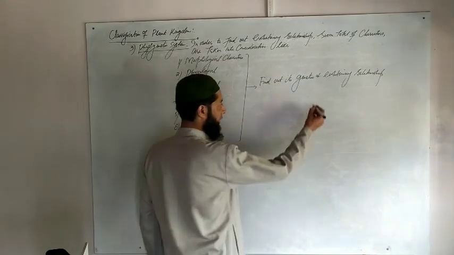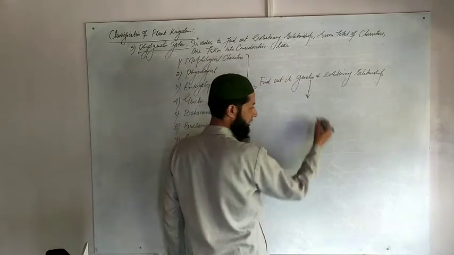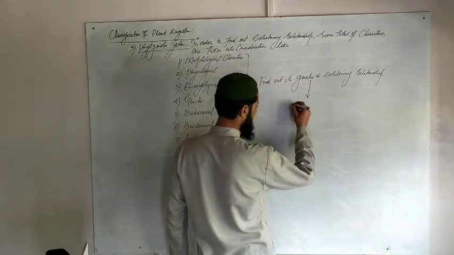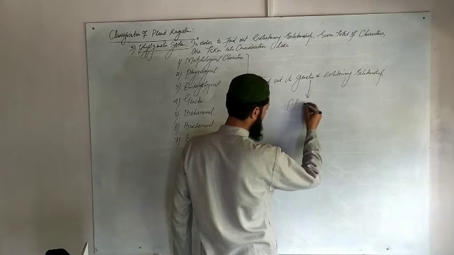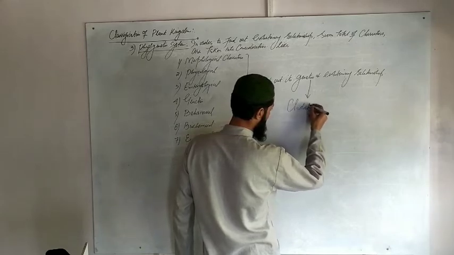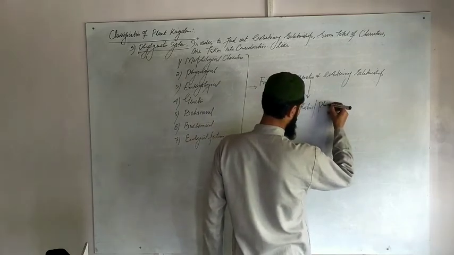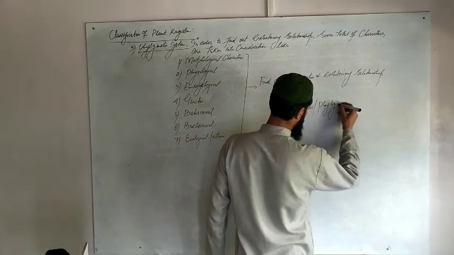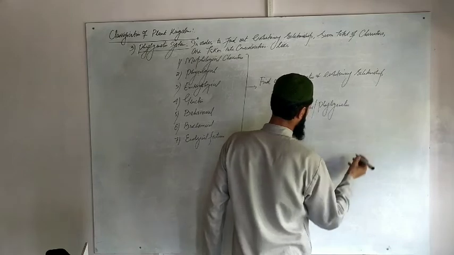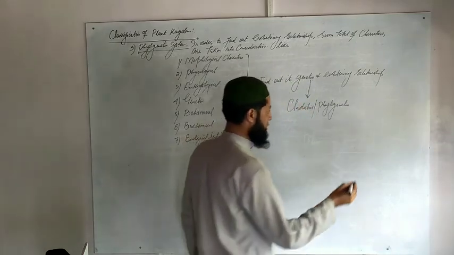And that new branch of biology is called cladistics or phylogeny or phylogenetic relationship.